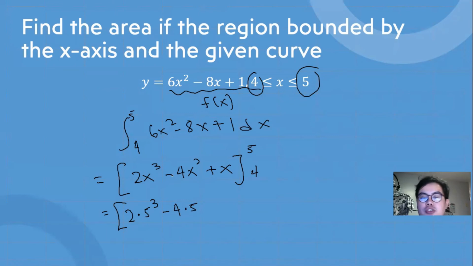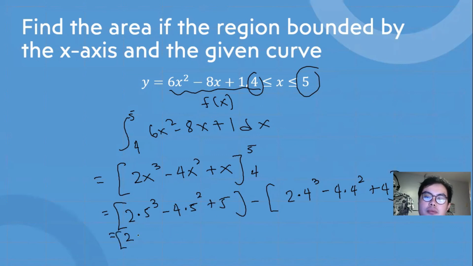Tapos, i-substitute yung 5 sa bawat x. Tapos, sa second round naman po, isa-substitute yung 4 sa x. So, 2 times 4 cubed minus 4 times 4 squared plus 4. Okay, so simplifying po. So, 5 cubed will become 125. Tapos, yung 5 squared naman po, magiging 25 plus 5.